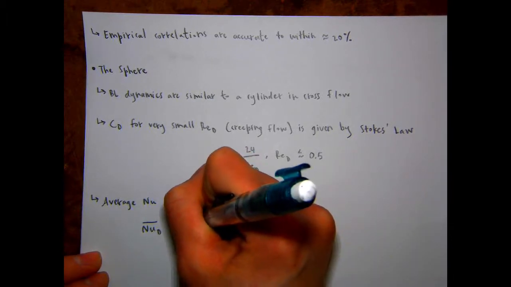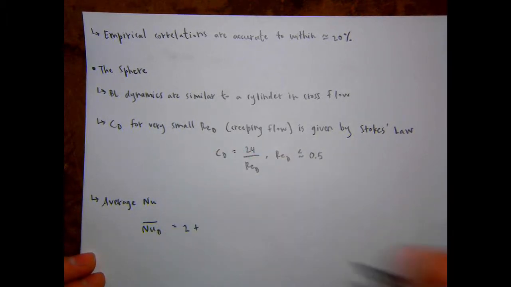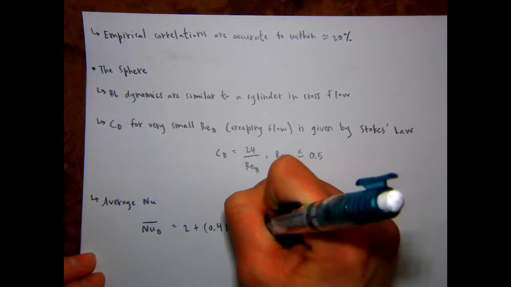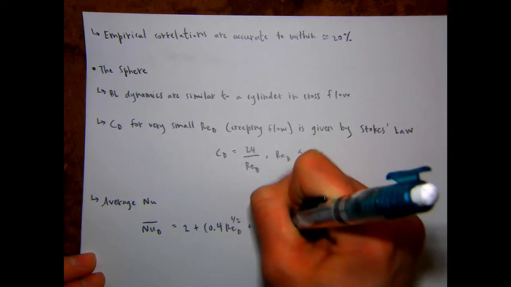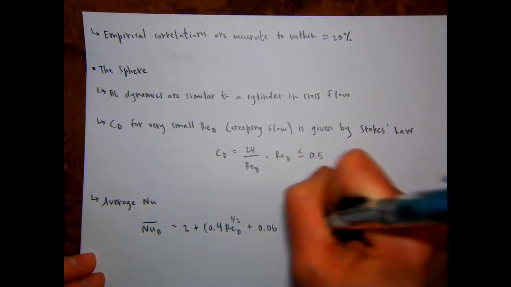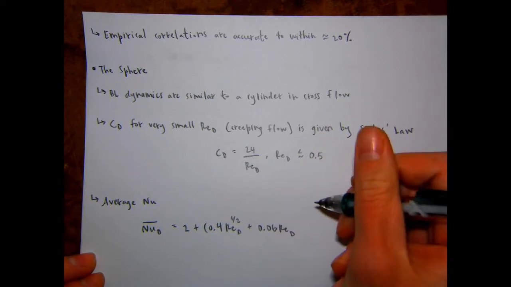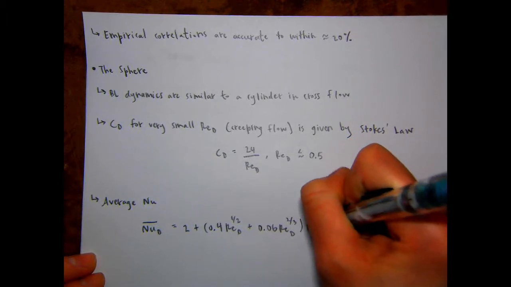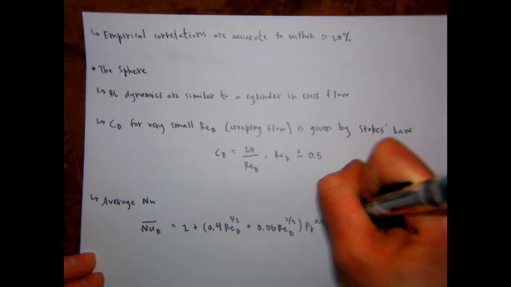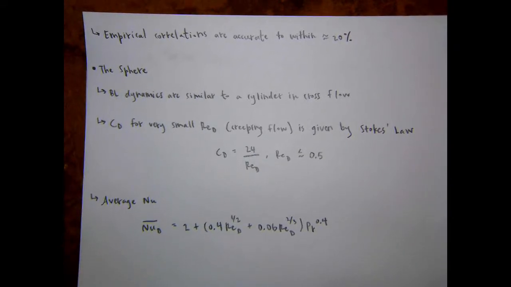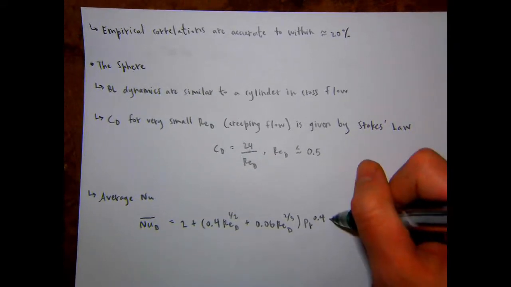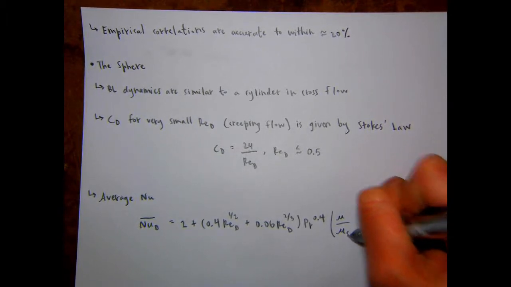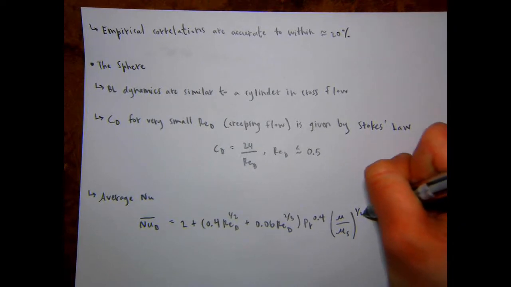So 2 plus 0.4 times the Reynolds number to the 1/2 plus 0.06 Reynolds number to the 2/3, times Prandtl number to the 0.4, and then we have this ratio of the viscosities to the 1/4.